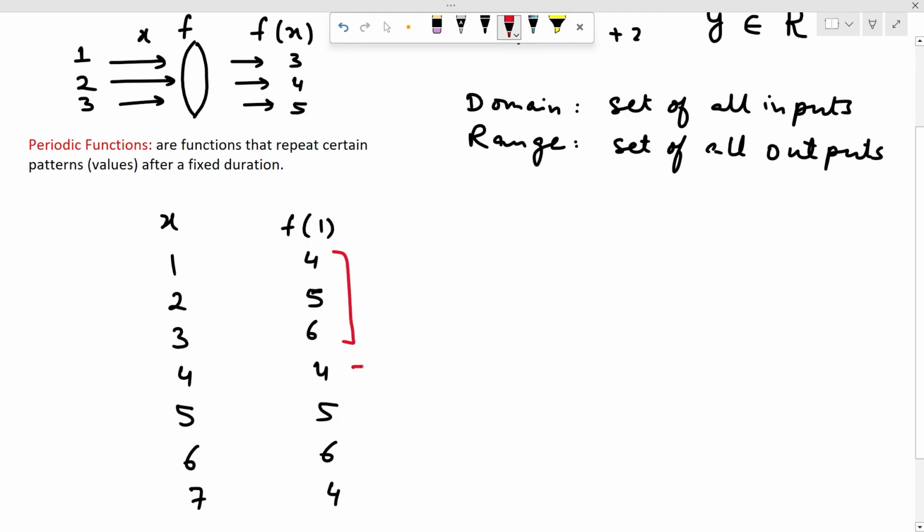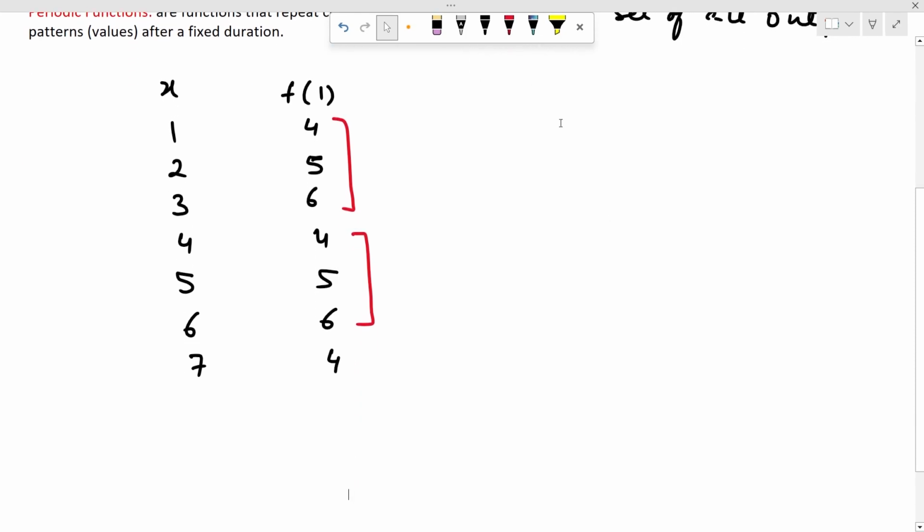This pattern is of a 4, 5, 6. So for an input of 8, the value will now be 5 again. For 9, it will be 6 again. So this pattern here is repeating. This is an identification of a periodic function.